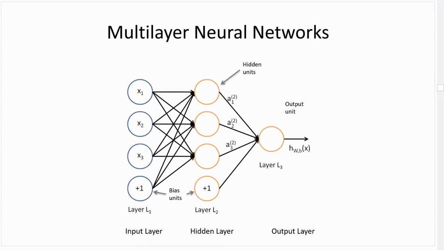Now let's go to multiple layer neural networks. Let's say that instead of just having a single neuron with either sigmoidal activation function or hyperbolic tangent activation function, let us have a network of neurons such that we have one or more layers of neurons.